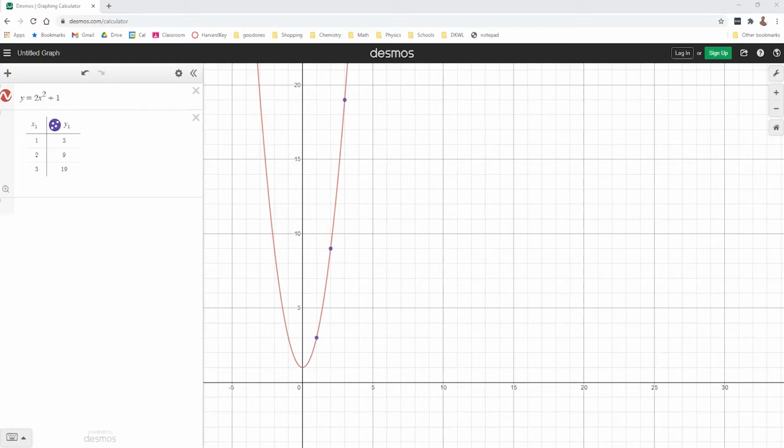Now I want to use the same one, but instead of having this, I'm going to create a new variable. This time, instead of a table where I have x and y, I will have 3 rows. I will have x, I will have capital X, and I will have y.